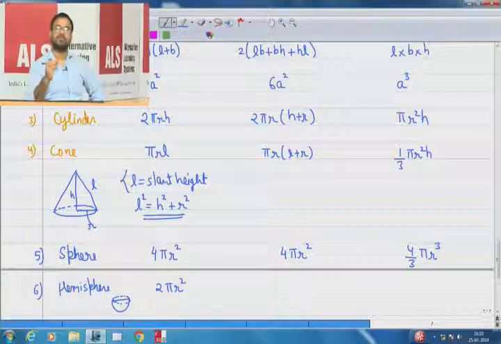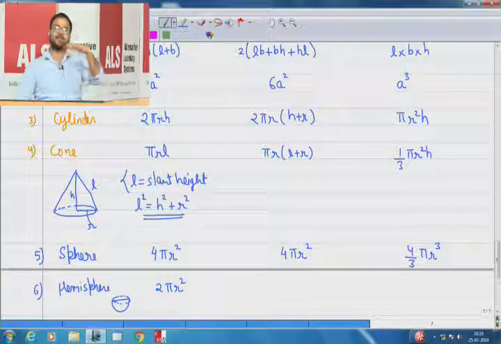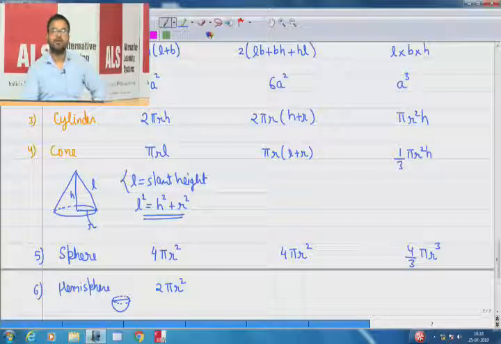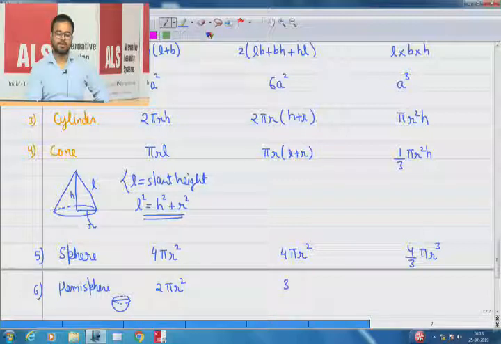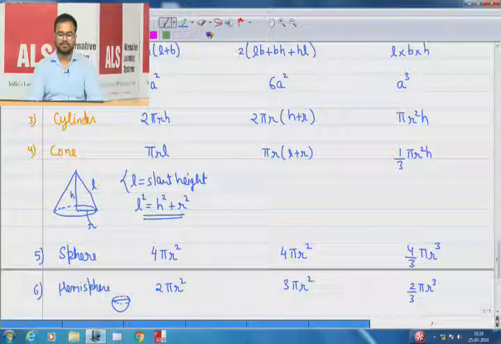So in finding the total surface area, we will add the curved surface area of 2 pi R square plus the circular surface on the top, which is having an area of pi R square. So 2 pi R square plus pi R square, that will become 3 pi R square. And the volume will be the half of the sphere, so it will be 2 by 3 pi R cube. These are the 6 formulas.